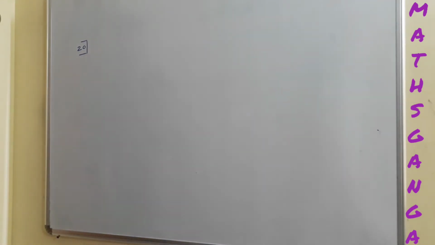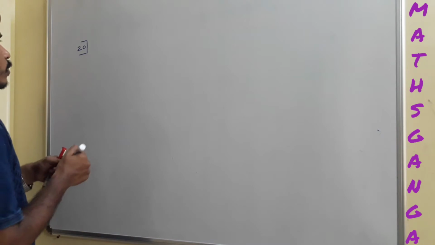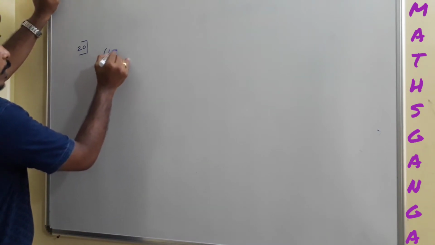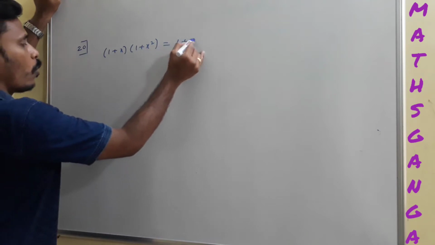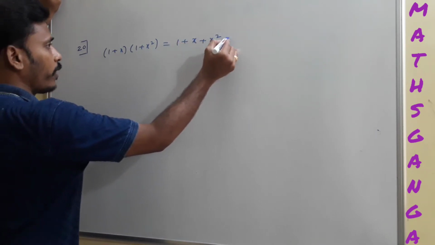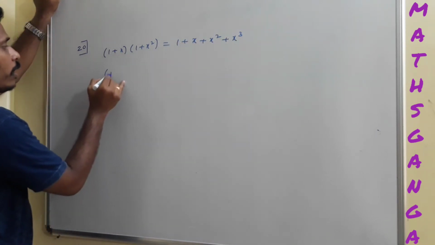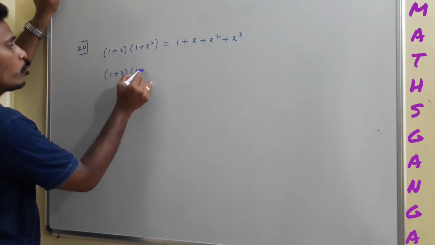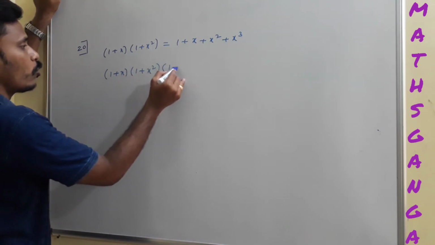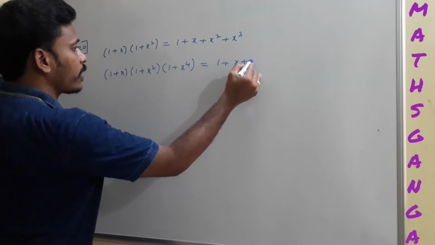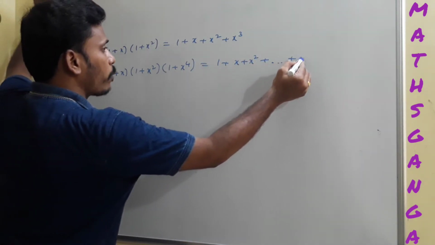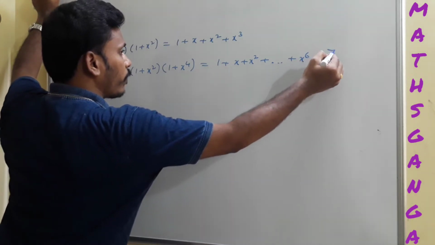If I have only two terms like 1 plus x and 1 plus x square, the product is 1 plus x plus x square plus x cube, and 1 plus x into 1 plus x square into 1 plus x power 4 is 1 plus x plus x square plus, and so on, plus x power 6 plus x power 7, right?